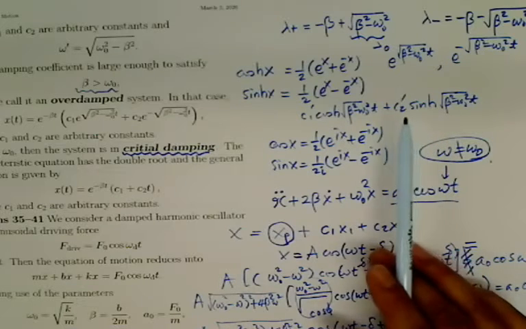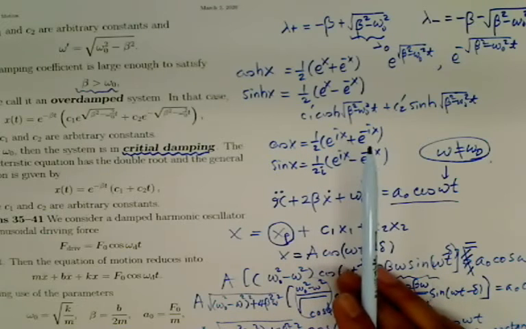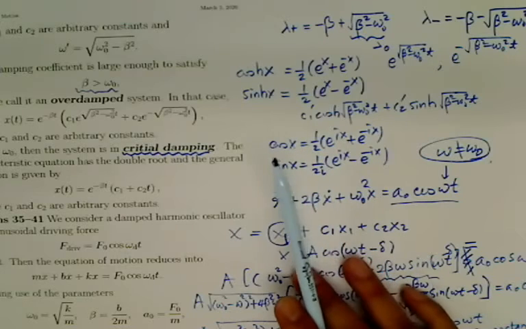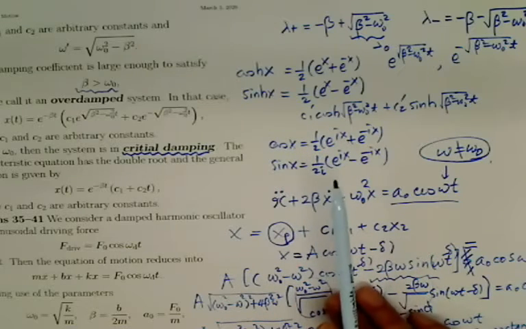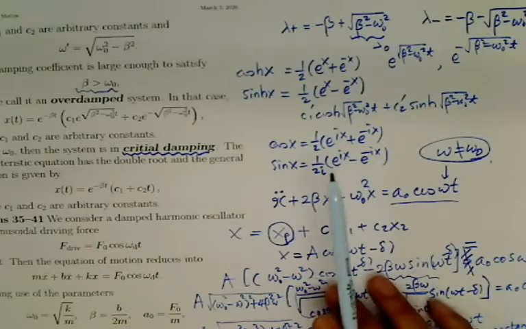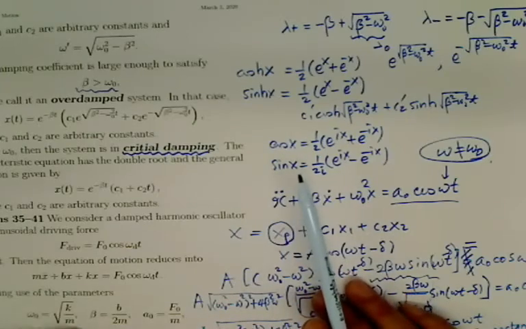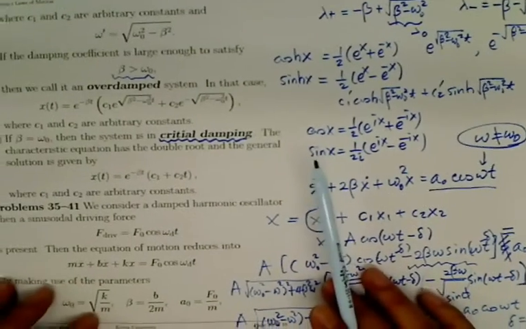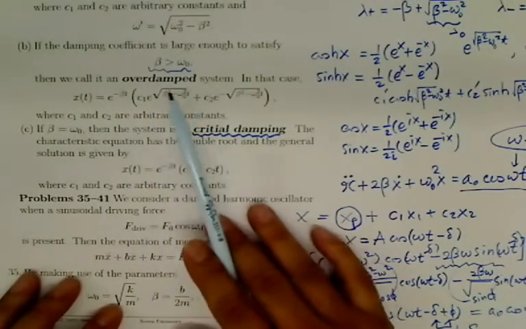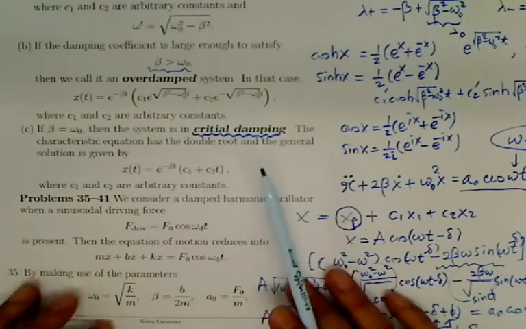This is very similar to the case for exponential ix and exponential minus ix: the sum multiplied by 1/2 is cosine x, and exponential ix minus exponential minus ix divided by 2i is sine x. So the overdamped case has only the exponential term.